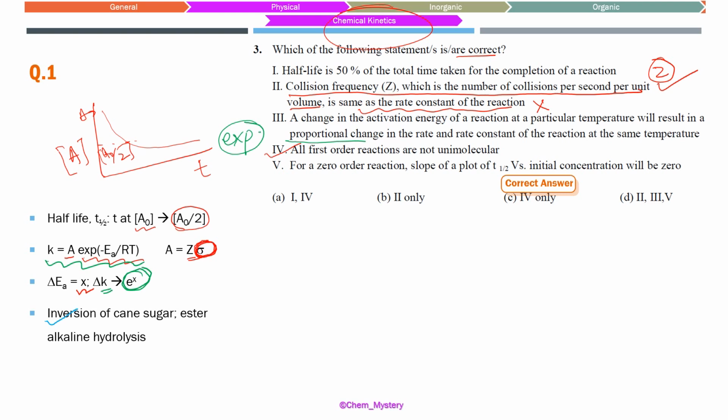The same thing happens for the acidic hydrolysis of the ester, where the concentration of the ester alone decides the rate of reaction, but that reaction is surely not unimolecular. So if the order of reaction is 1, the molecularity need not be 1; they do not always have to be unimolecular.